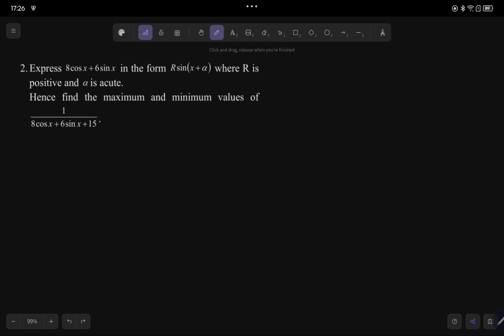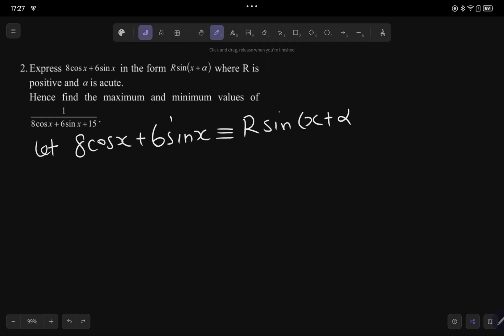Hence, find the maximum and minimum values of the given expression. So we start by letting 8 cos x plus 6 sin x be equivalent, not equal, equivalent to r sin(x plus alpha).